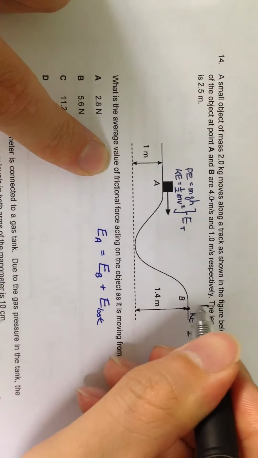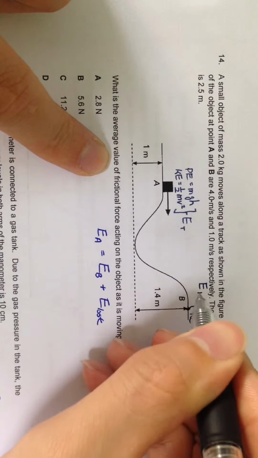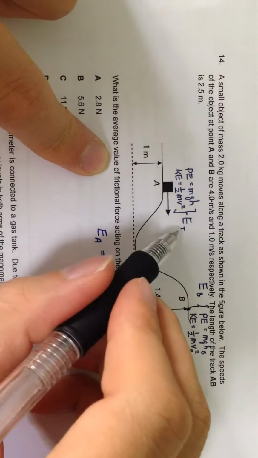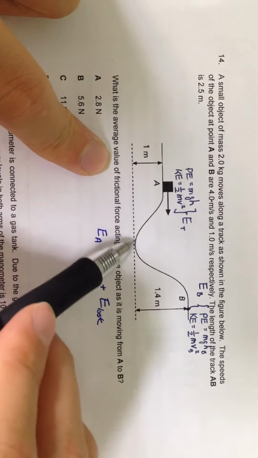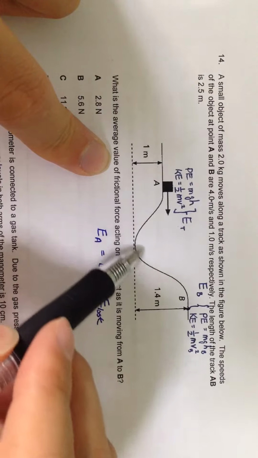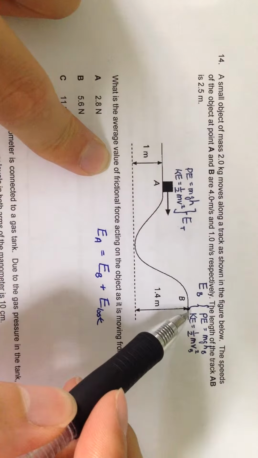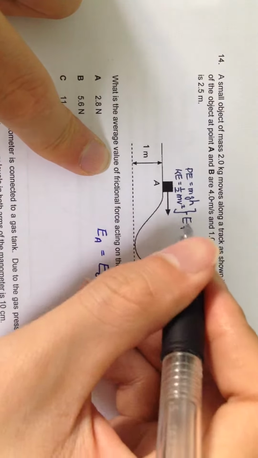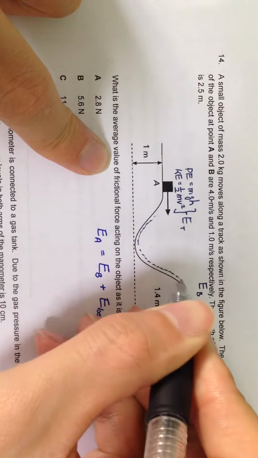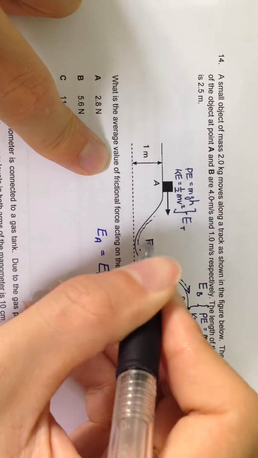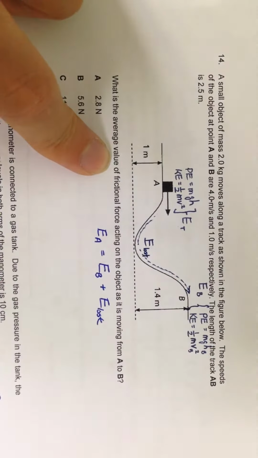So does the energy at B equal the total energy? No, right? Because some of this total energy will go into the work done against the friction until it reaches B. So when it goes all the way to B, there is already some energy loss in terms of work done.